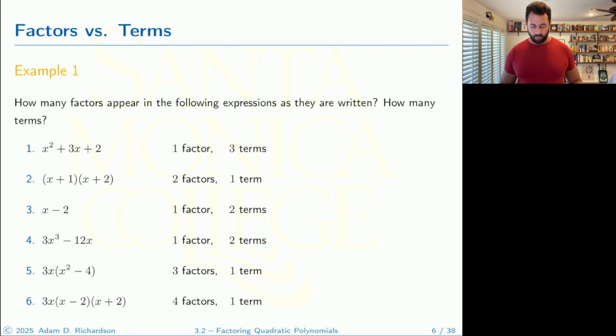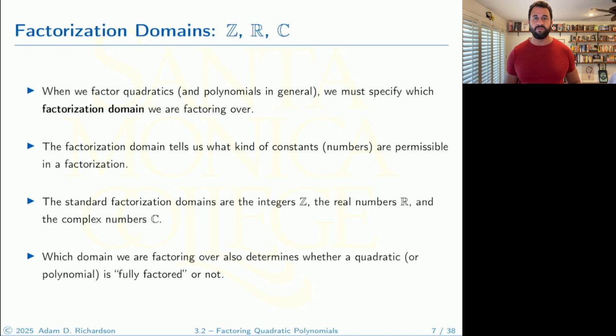So when I was looking at this, I mentioned something about factoring over the integers, and that leads us to talking about what are called factorization domains. When we factor quadratics or just polynomials in general, we have to specify what factorization domain we're factoring over. And what that means is the kind of constants or the kind of numbers that are permissible in a factorization.